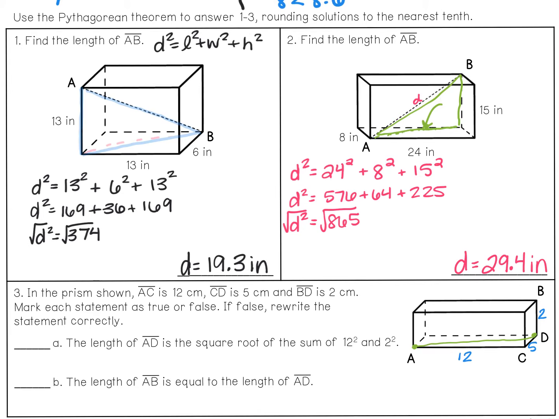So instead, it would be 12 squared and 5 squared. This is false, and instead of 2 squared, it would be 5 squared. We would add 144 and 25, which gives us 169. When we take the square root, we get 13. So I know that distance AD is 13.